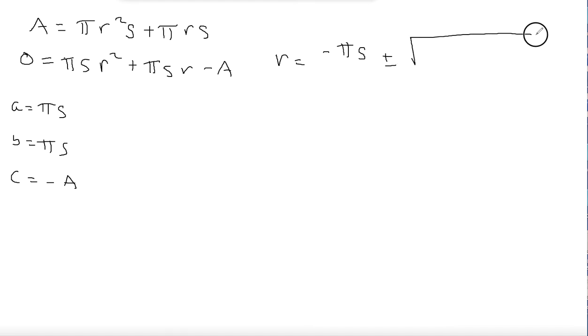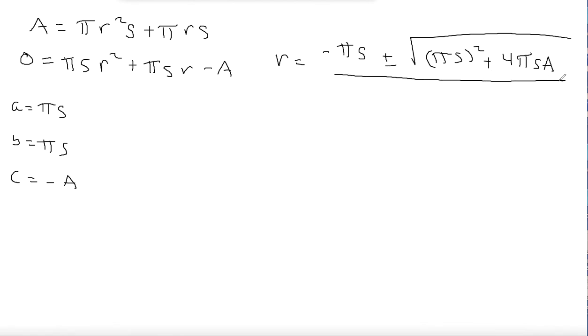Plus or minus big old root pi s squared minus 4 times a times c, so 4 times a would be pi s, and then times c is negative a, so I'm going to go positive a there, and then the negative times that negative is going to switch that one around to a positive. And then that will all be over 2a, so that is 2 pi s in the denominator.